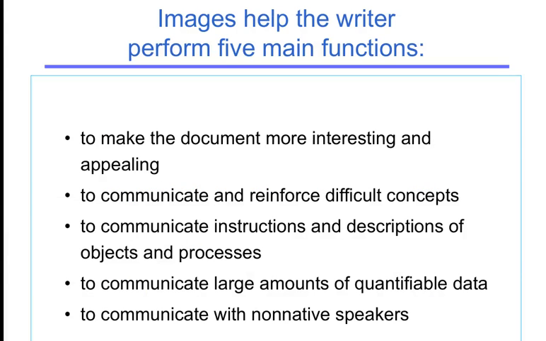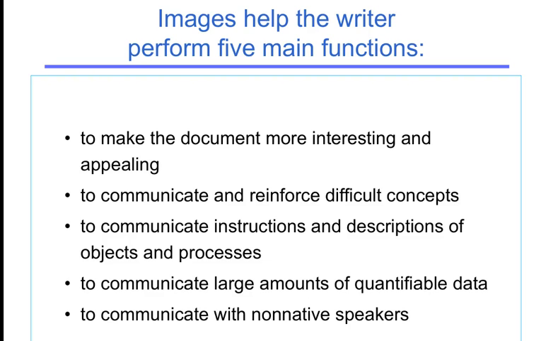Images help the writer perform five functions. Images are important in technical writing, and you do a lot of work with images. They're frequently used to convey tons of information. We'll do a learning unit on visual design, and we will get more into why it's so important, but it's an extremely important aspect of technical communication.